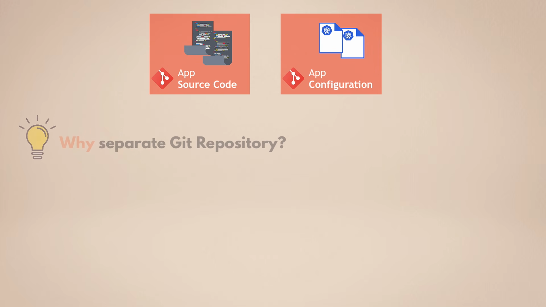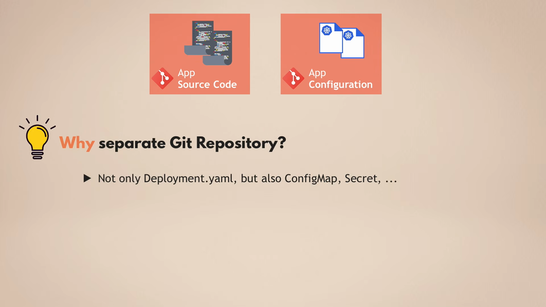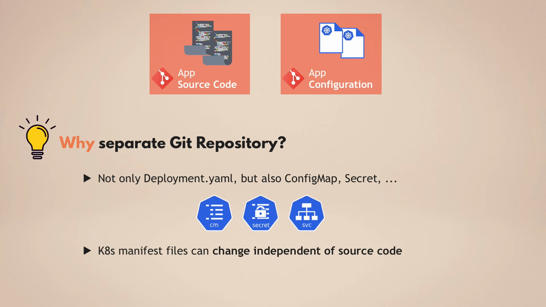And one of the main reasons for that is because the application configuration code is not only the deployment file, but it could be config map, secret, service, ingress, and so on, and basically everything that the application may need to run in the cluster. And these files can all change completely independent of the source code, right?